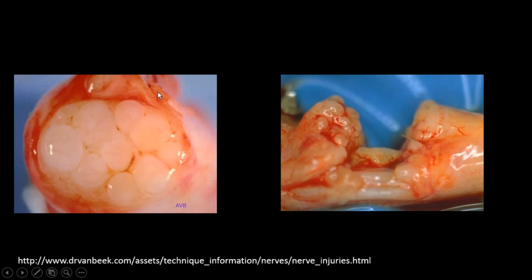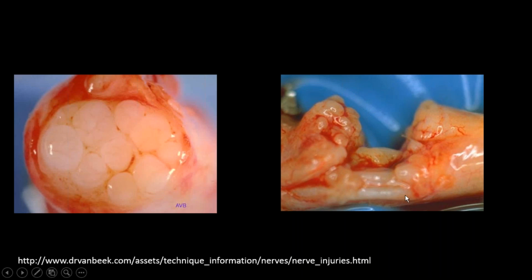Now let's look at the normal cross-sectional anatomy of the nerve. Here you can see the nerve has very nicely defined fascicles, fascicular groups, and you can count them. There are a total of 9 fascicles here. On the right, there is partial transection of the fascicles.